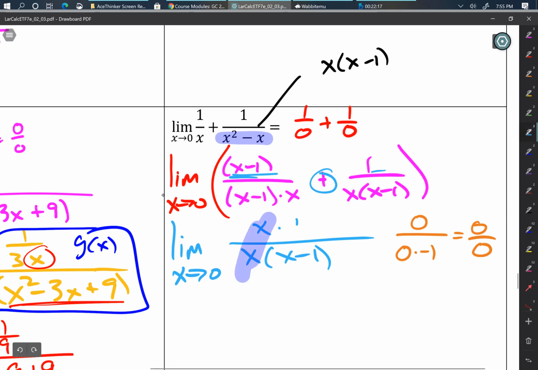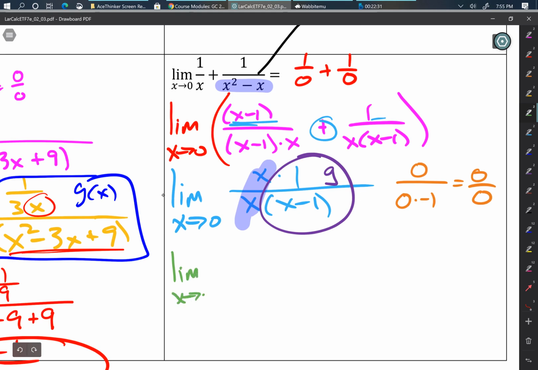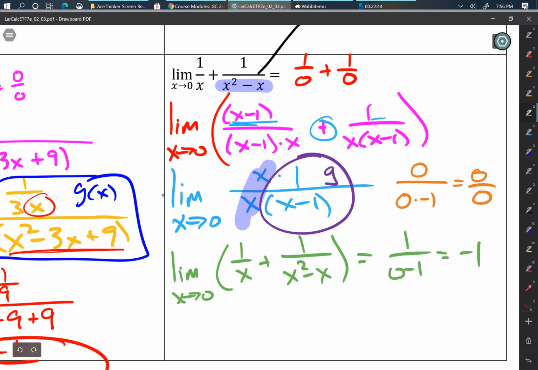Remember, there'll be a placeholder of 1 upstairs. Plug in to the g of x. Use direct substitution, and we get then that the limit as x approaches 0 of 1 over x plus 1 over x squared minus x is going to be 1 over 0 minus 1, or negative 1.